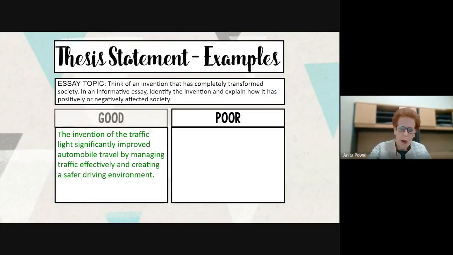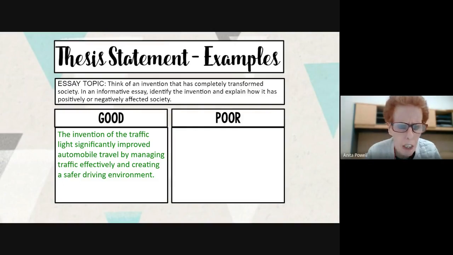Yeah, this is good. Notice what makes this a strong thesis statement. The traffic light has improved automobile travel by managing traffic effectively and creating a safer driving environment. He hasn't just made the statement, traffic lights are good.